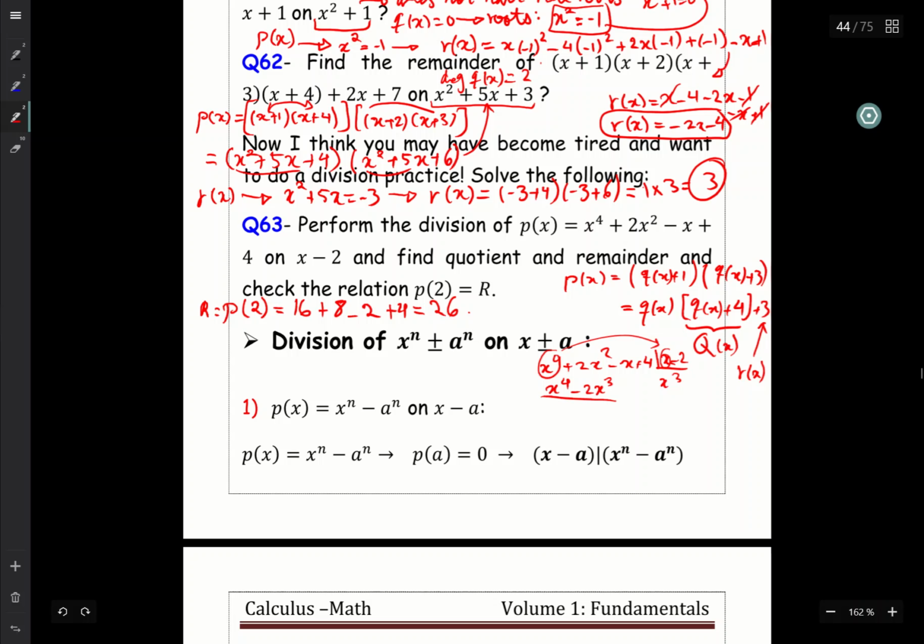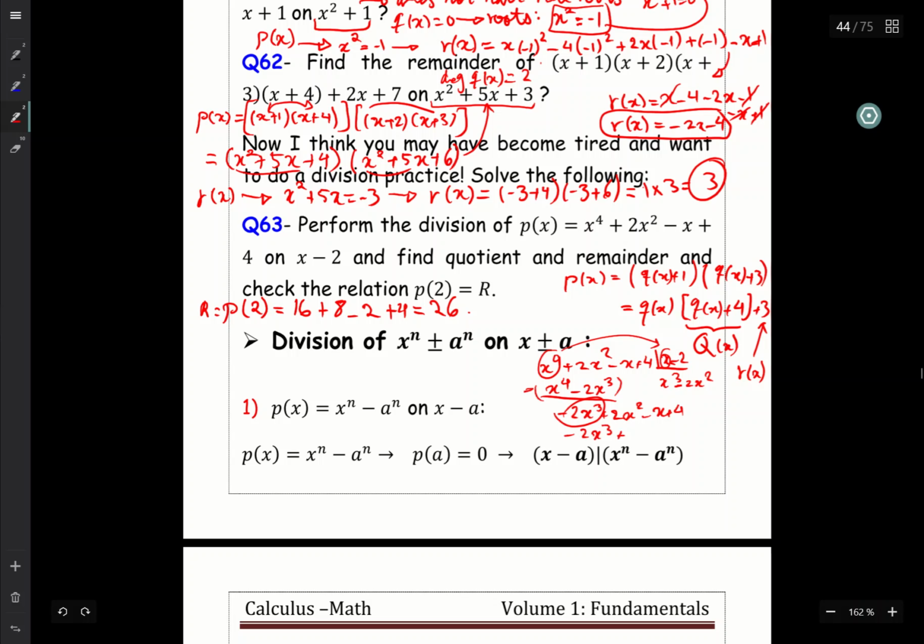I end up with minus 2x cubed plus 2x squared minus x plus 4, and then the next term gives me minus 2x squared, minus 2x cubed, plus... remember we're subtracting, right?